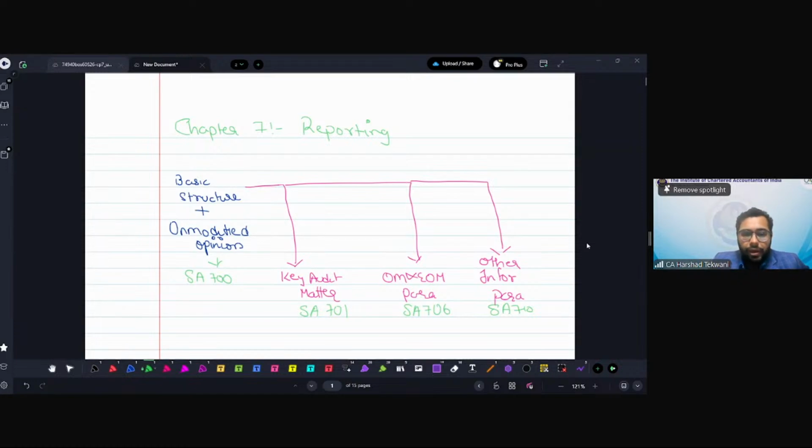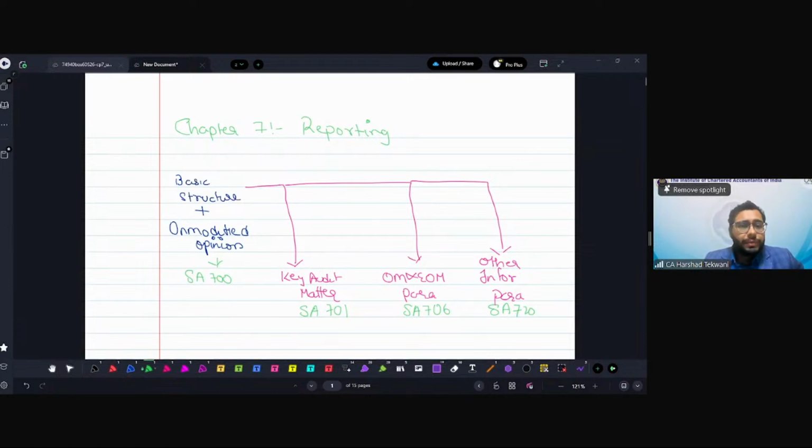Just one correction over here. It's SA 720, apologies. SA 720 is the other information paragraph. So this is how it is structured. Now, let's go through and understand one particular audit report. Again, whatever I'm showing you is data available in the public domain.